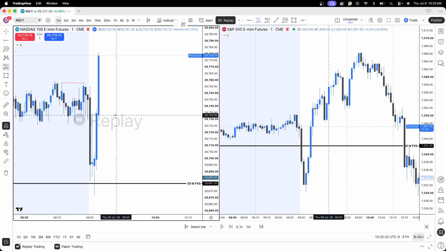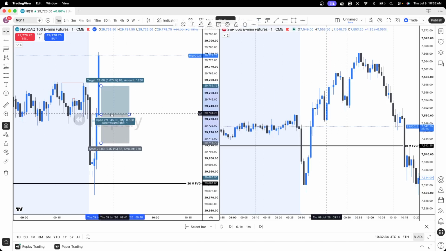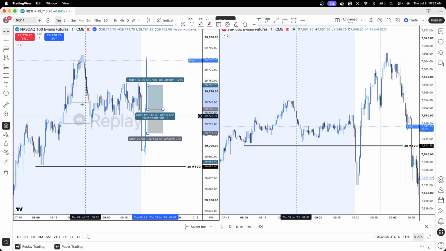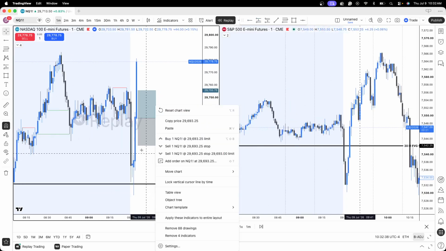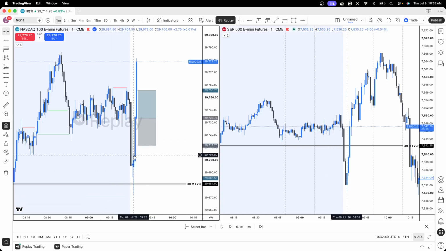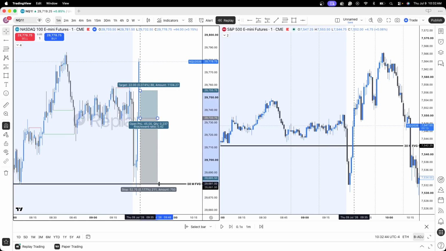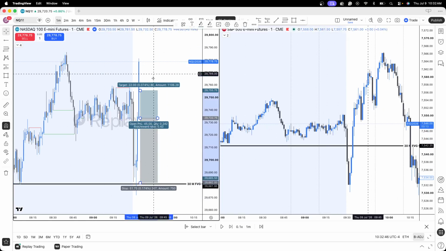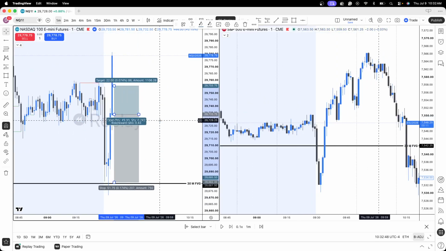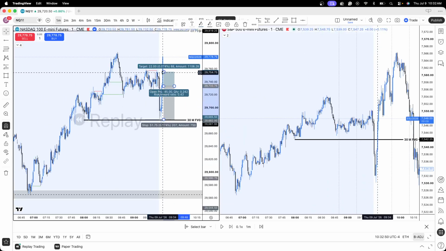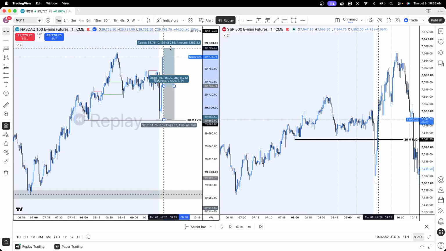Why don't you need to wait for a stop hunt? This technically is the stop hunt. All this low resistance getting taken out is your stop hunt into this 30-minute. Plus, both gaps have already hit the 30-minute. So, you put your stop there, and then you target a 1-to-1.